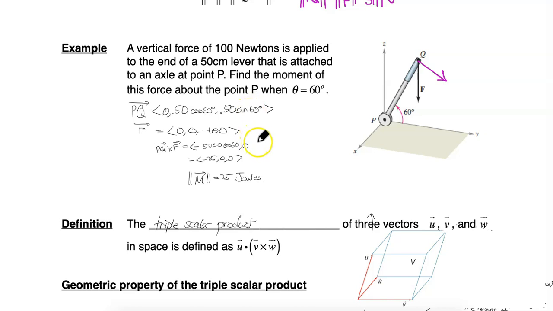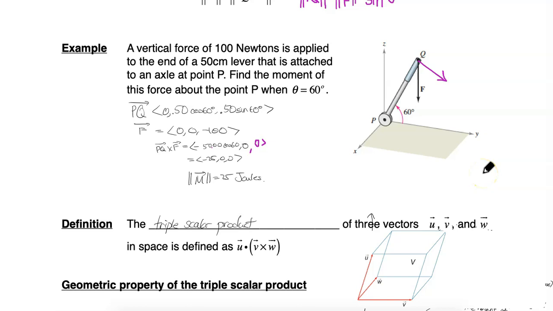So the cross product of these two vectors yields -5,000 cosine 60. Wait, I think that's 50 cosine 60, 0, 0, and then that becomes -25, 0, 0. So what's the magnitude of that? It's of course 25. The units, I didn't talk about it in detail, are newtons times meters, which is joules.